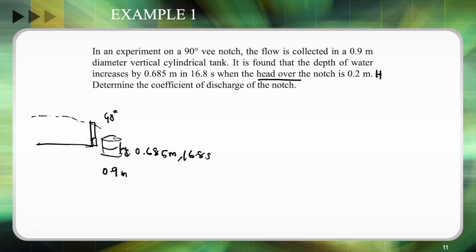Since we collected the water from the notch, the discharge of this water is considered the actual discharge, because we know the height of the water and the time taken for the water to fill the cylindrical tank.